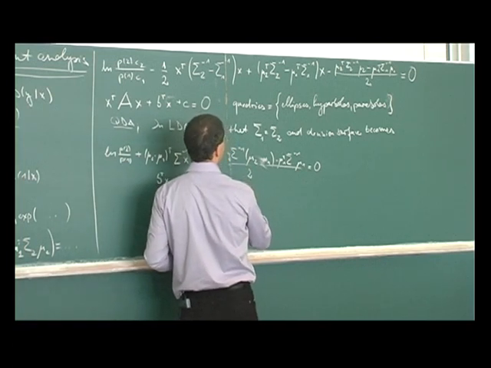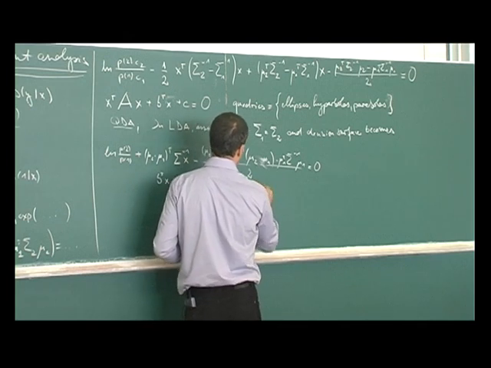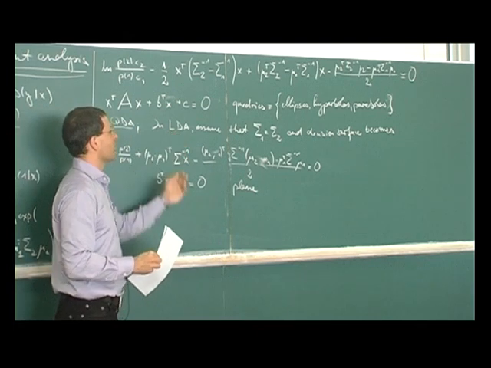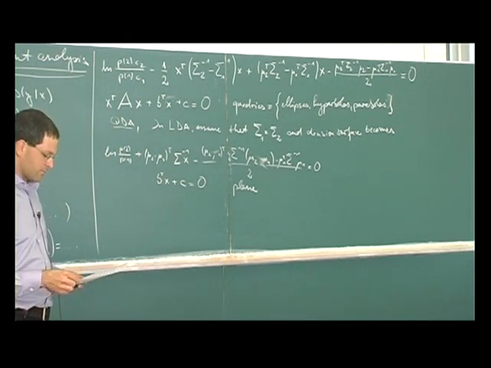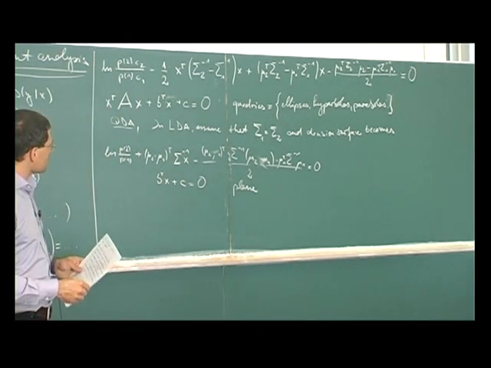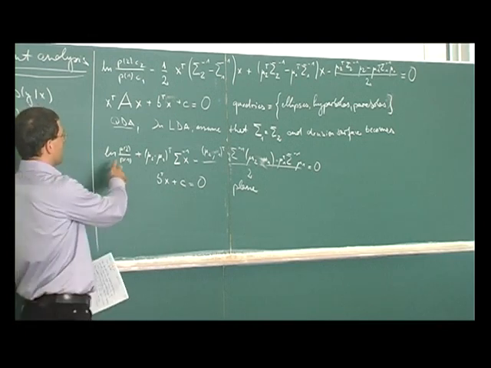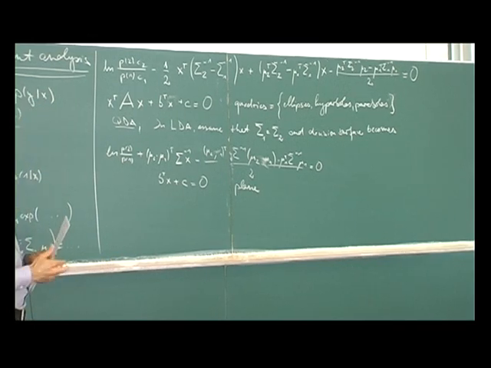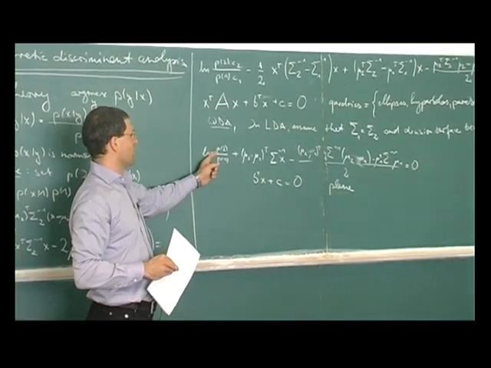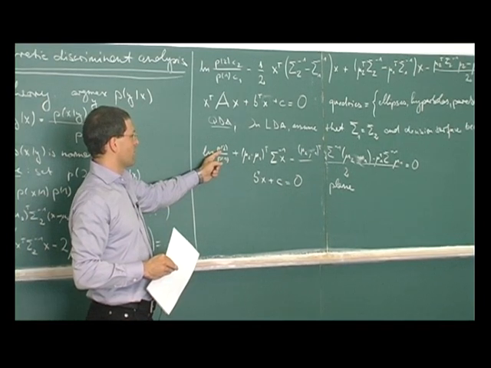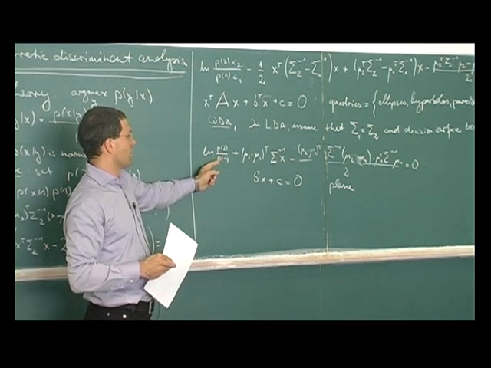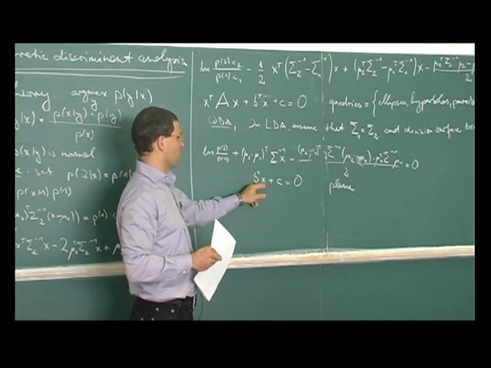So our decision surface now is a plane, or it's linear, and hence the term linear discriminant analysis. You also see something interesting here, namely if we now start to twiddle with the priors, so changing the prior probability of one class versus the other, it does not change the angle of my plane at all.